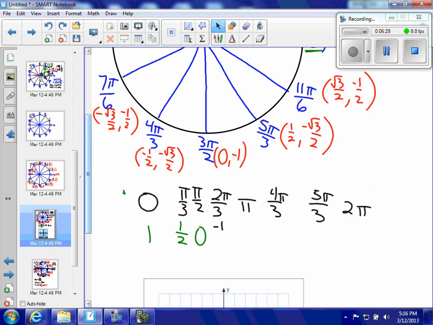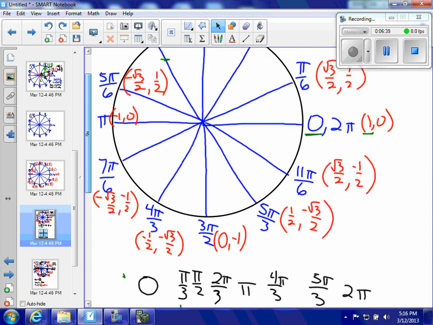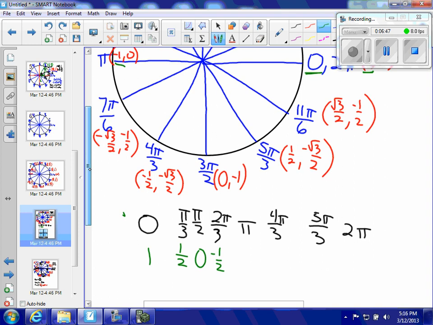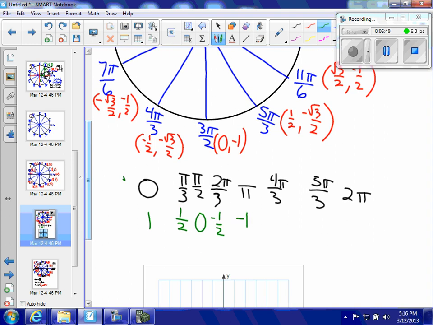At 2 pi over 3, it's negative 1/2. At pi, it's negative 1. At 4 pi over 3, it's negative 1/2.